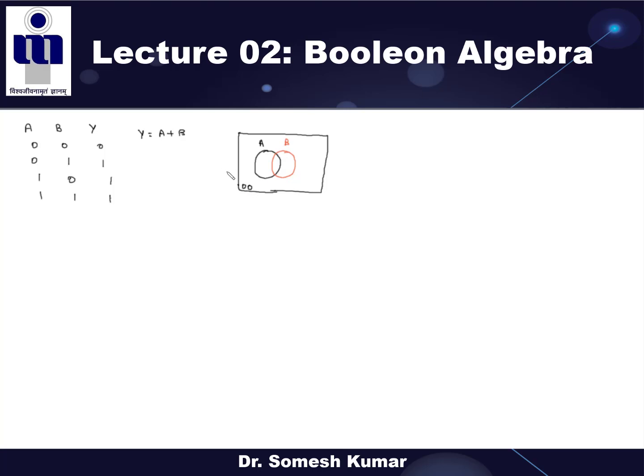What is 0 1? This is 0 1, right? This is 0 1. And what is 1 0? This is 1 0. What is 1 1? This is 1 1. All are ones, and all this is the shaded area, because I already told you this is the OR function, right?